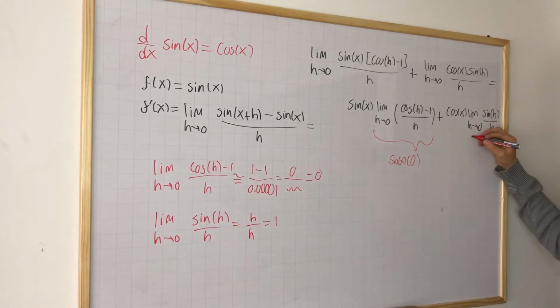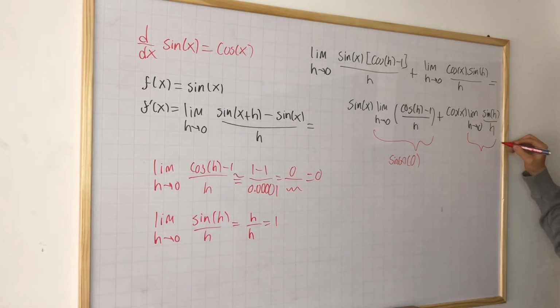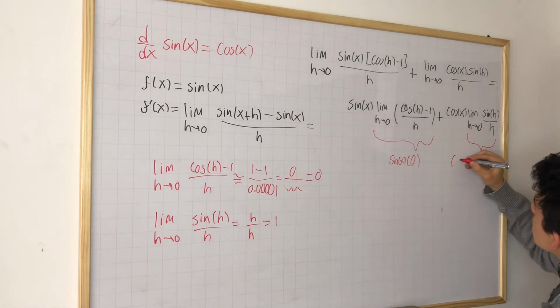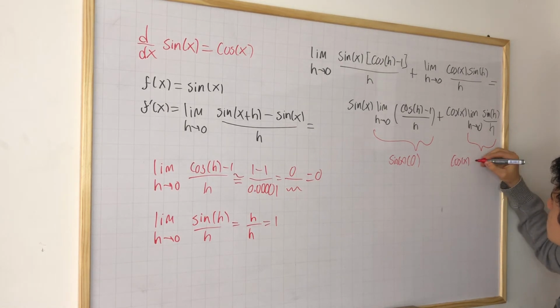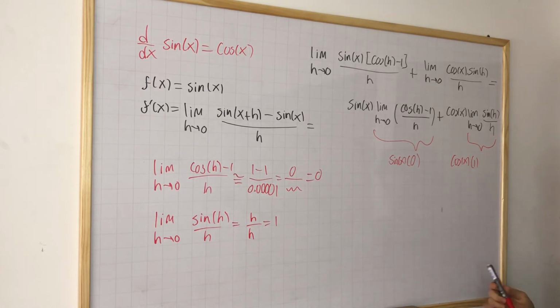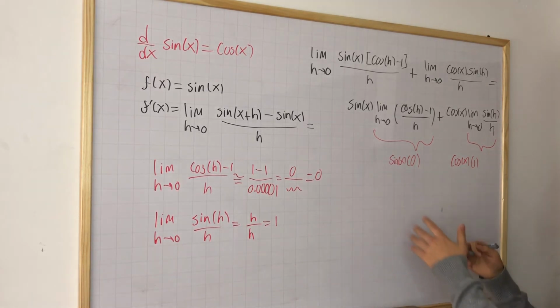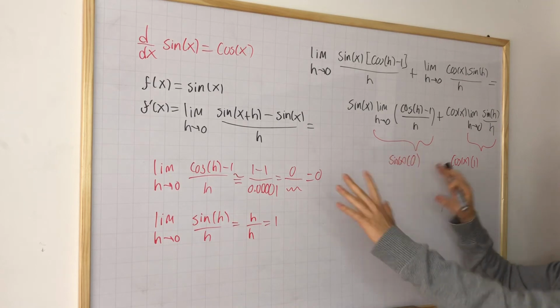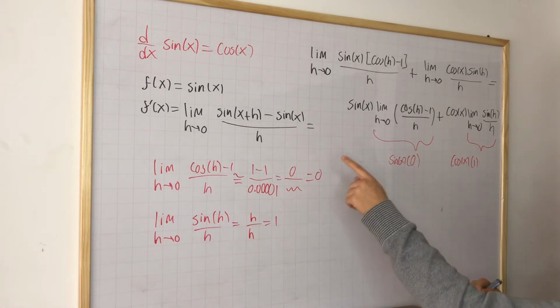So that means that this part right here is just simply going to be cosine of x times 1.